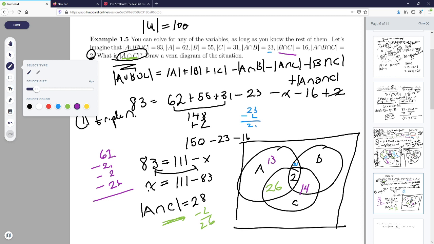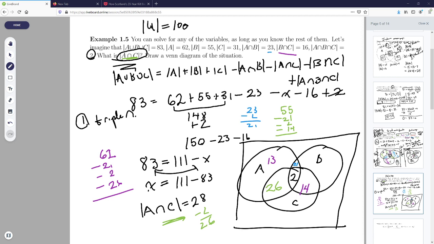Same thing with B now. If there are 55 things in B, and we have to subtract off 21, 2, and 14, what are we going to get? I don't trust my mental math anymore.